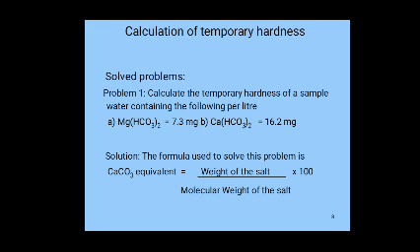Solution. The formula used to solve this problem: calcium carbonate equivalence is equal to weight of the salt by gram molecular weight of salt into 100. Weight of salt: magnesium bicarbonate 7.3 milligrams, calcium bicarbonate 16.2 milligrams.